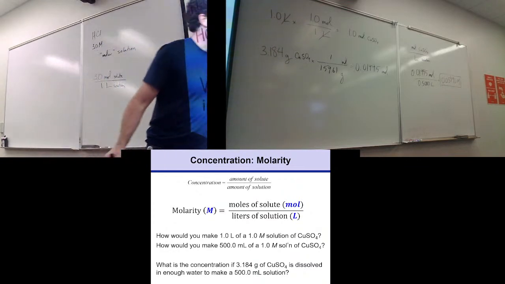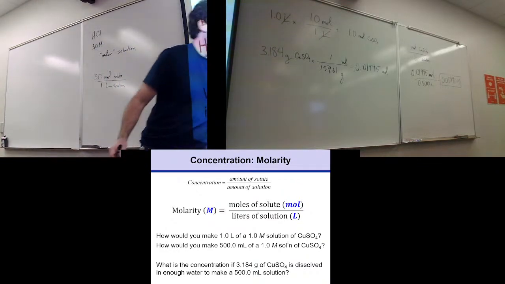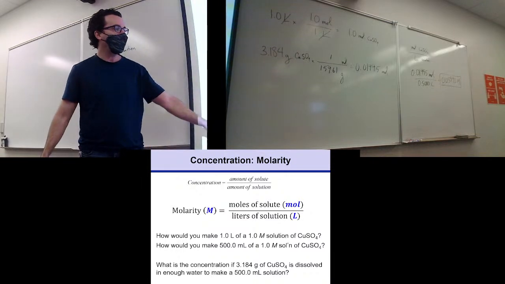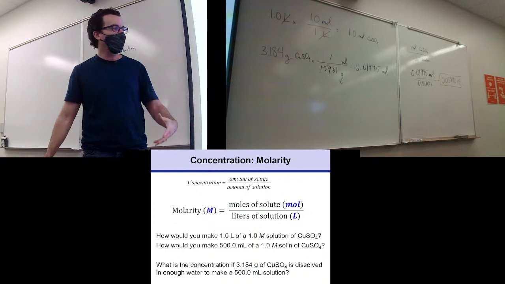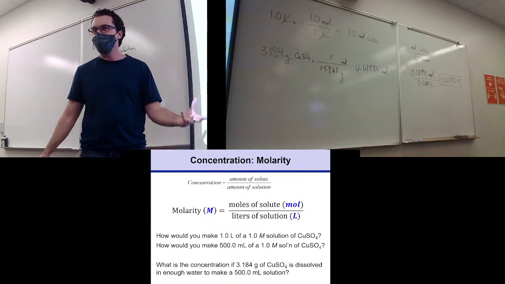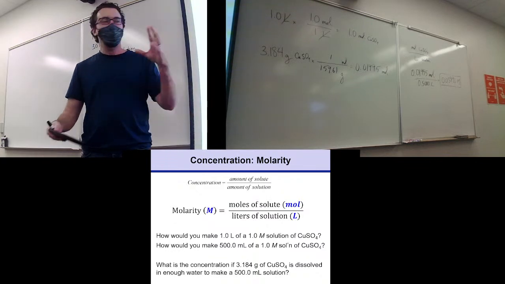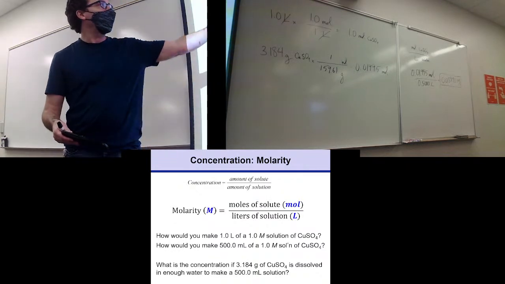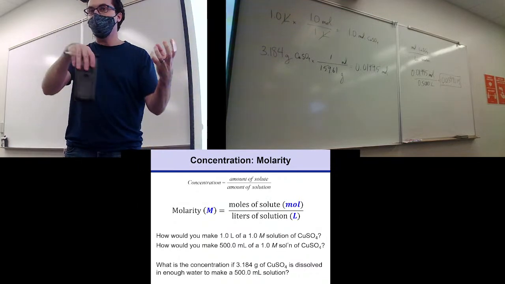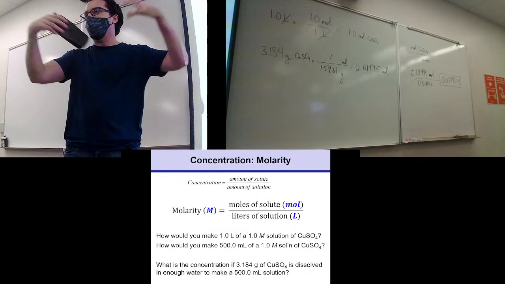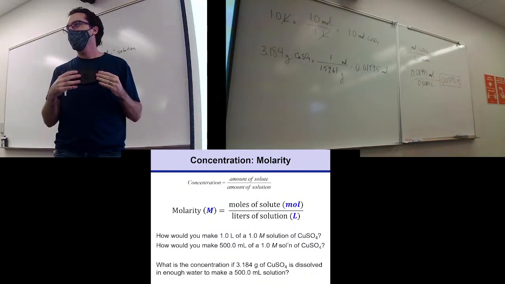Now notice the wording of this question. They're saying we're putting in enough water to make 500 milliliters. Why couldn't you say dissolved with 500 milliliters of water? Yeah, so if you mix that mass of copper sulfate and then exactly 500 milliliters of solvent, the water, together they might actually have a volume slightly greater.